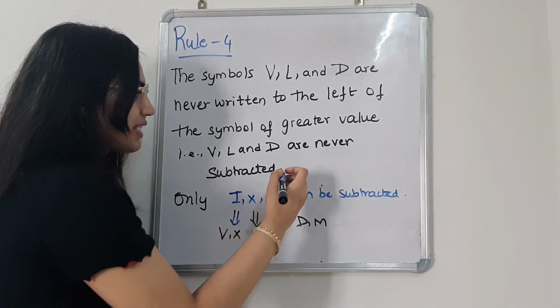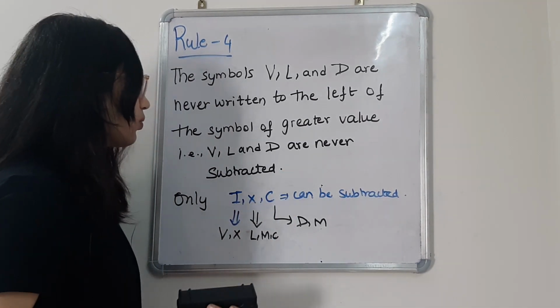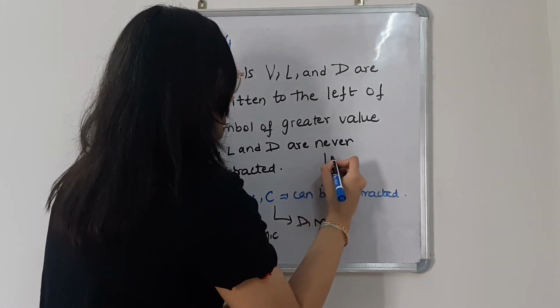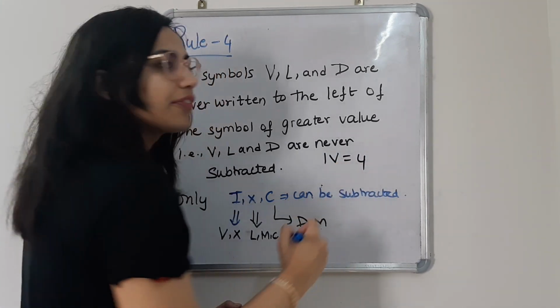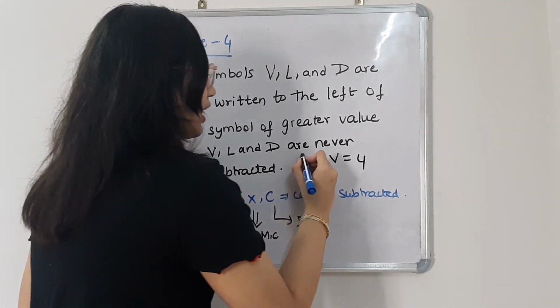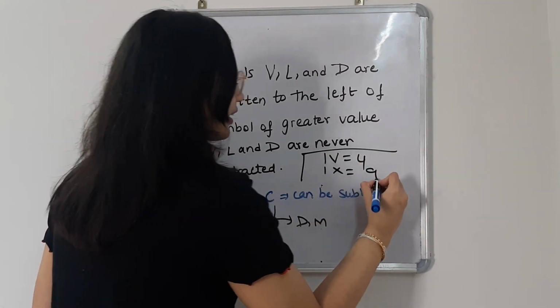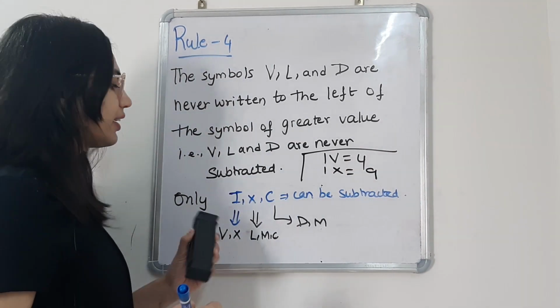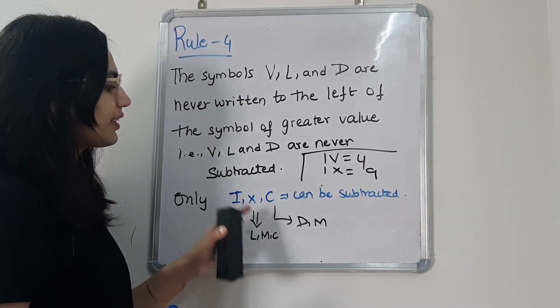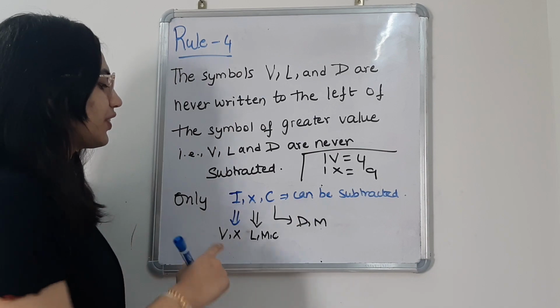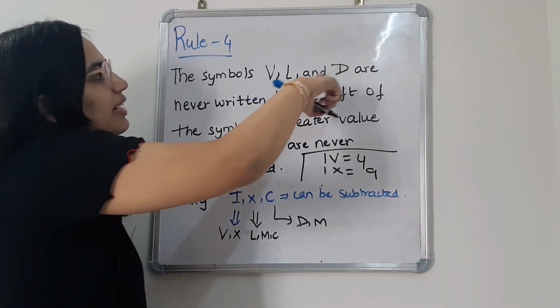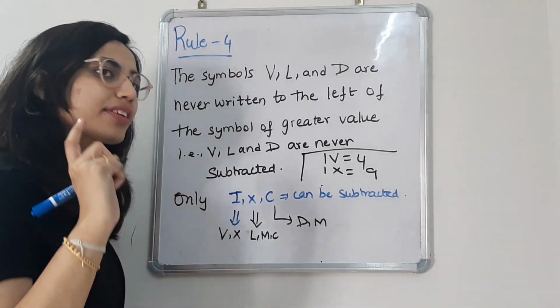How? As I told you previously, 1 if subtracted from 5, do we get 4? Right. And 1 subtracted from 10, do we get 9? Yes, based on the previous rule. But it's not the other way around. We cannot subtract V, L and D from any other number.